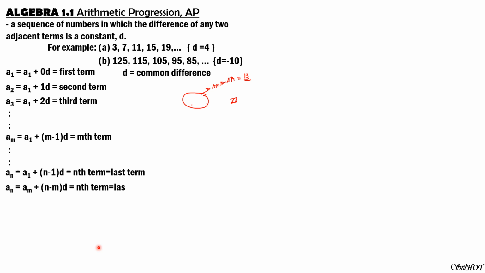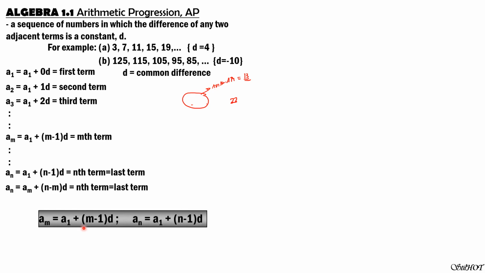So therefore, we have derived formulas for the last term. The nth term is first term plus quantity n minus 1 times d. You may not memorize that, but rather this one. The two formulas are the same, except that this is applicable for any intermediate term.